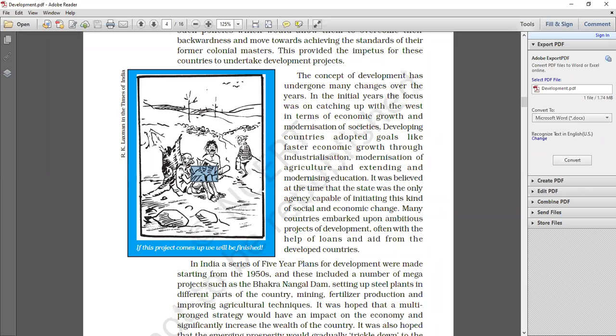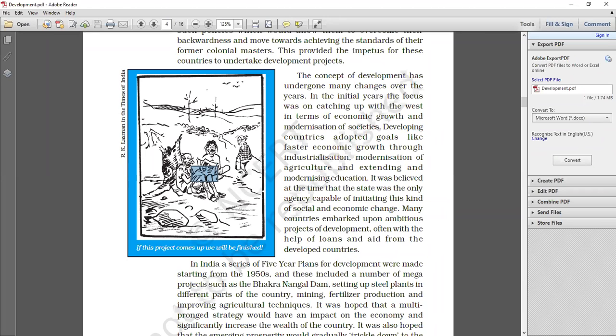Okay, now you are already aware about the example of the dam. You have read this in your class 10th economics, chapter 1, development. Okay, so just like that, this is a cartoon mentioned here, and here the poor people are expressing their viewpoints, that if this project comes up, we will be finished, because maybe ये देखिए agricultural land लग रही है, तो हो सकता है कुछ ऐसा प्रोजेक्ट हो जो कि इस एग्रीकल्चरल लैंड में, they have to make, government wanted to make the industry और डैम और whatever thing. ठीक है, तब देखिए it is development. अगर हम ब्रॉडर सेंस में देखें तो it is a progress. Okay, but if we see in the narrower sense, many people lost their livelihood.